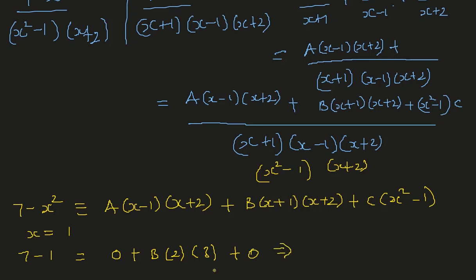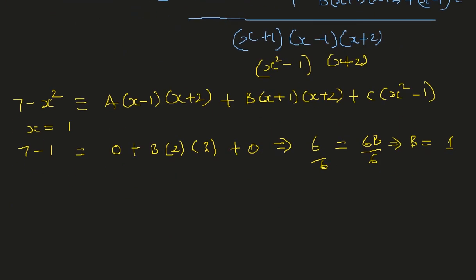So this one gives us the left hand side as 6 equals to the right hand side, we have 6a. So on dividing both sides by 6, we end up with our a as 1.